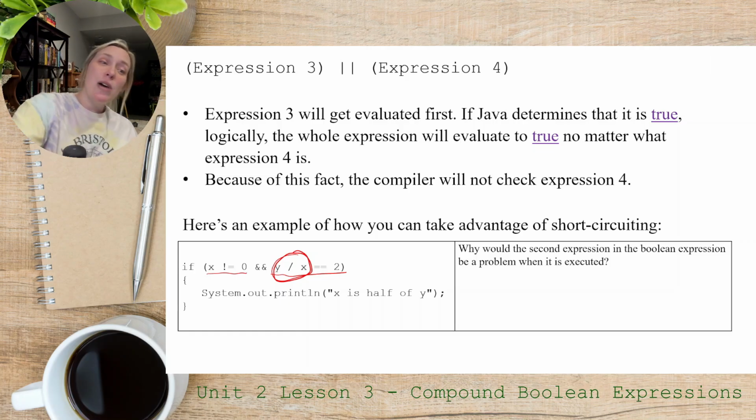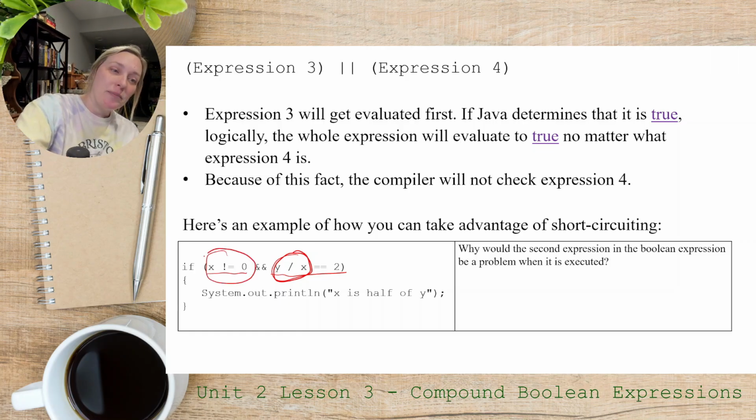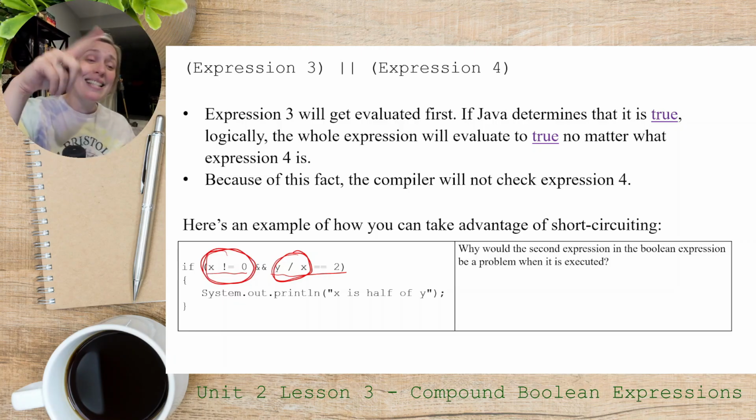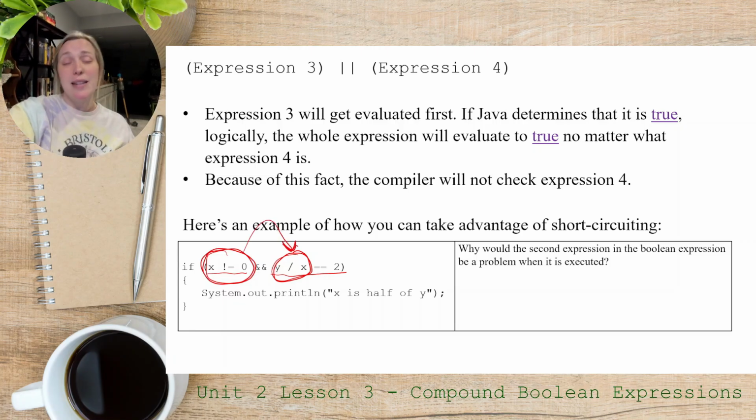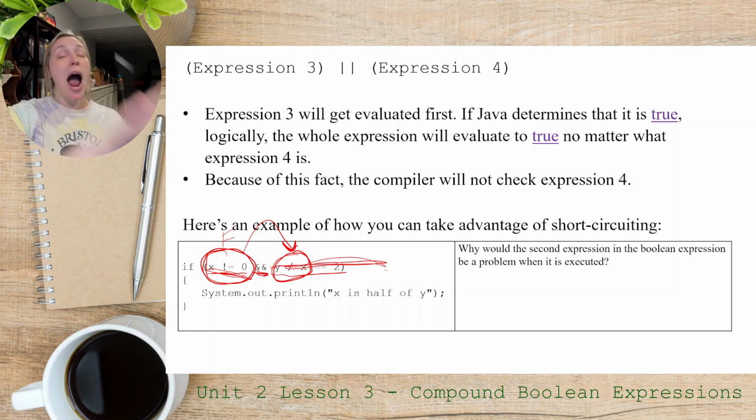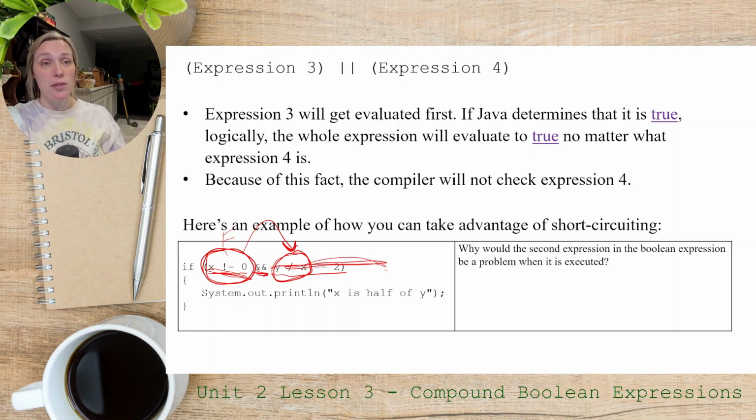So I have this statement right here. As long as x is not equal to 0, then I want Java to run this statement. If x is equal to 0, this becomes false. And because of the and, this is never run. Do you see that? If this is false, this is and, Java says, hey, it doesn't matter what happens here. I already know the whole thing is going to be false.